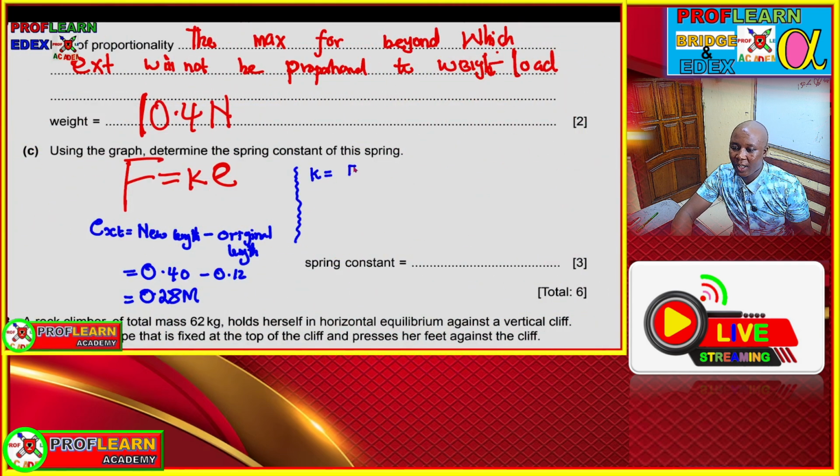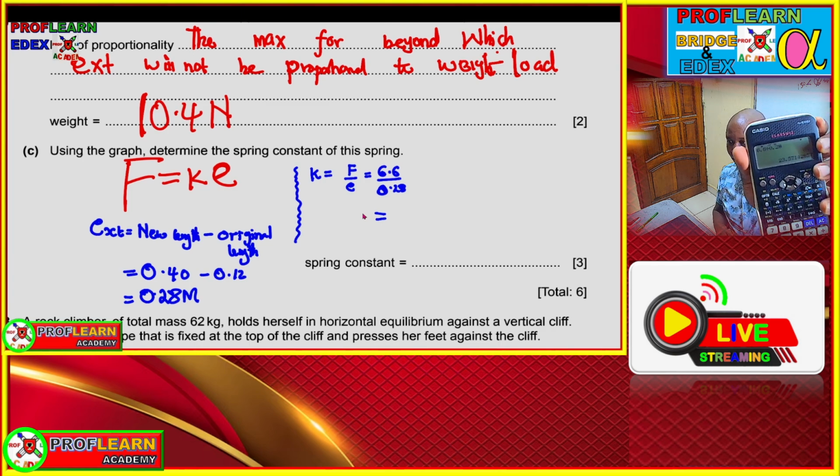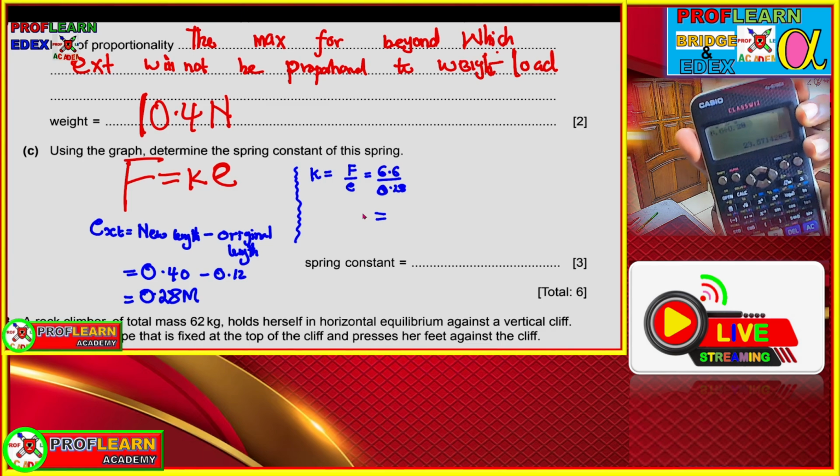So once we've confirmed that, we're going to say the spring constant is force divided by extension, and the force we got to be 6.6 divided by the extension, which is 0.28. So if you work it out using your calculator, let's just crunch that in the calculator. 6.6 divided by 0.28 translates to 23 point something there.